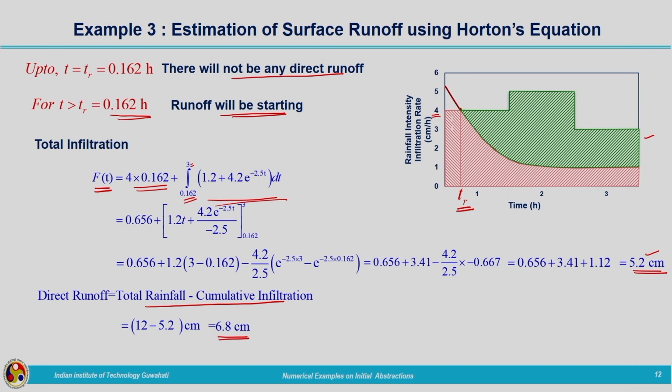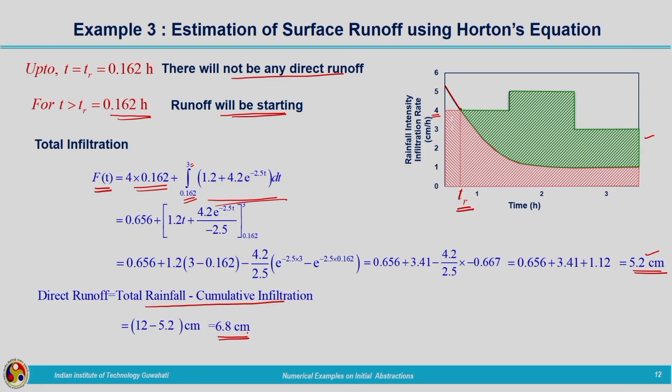So, by making use of infiltration equations, whether it is Horton's equation or Green-Ampt equation or Philip's equation, if the parameters corresponding to those equations are available to you, you can calculate how much the cumulative infiltration is. If you deduct that cumulative infiltration from the total rainfall value, you will get the direct runoff.